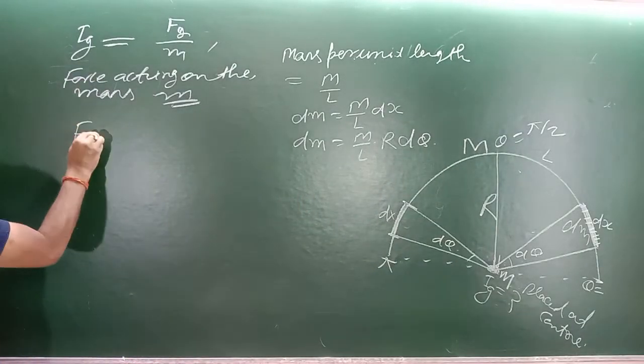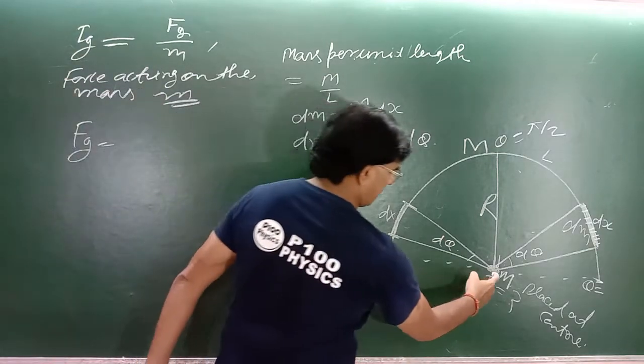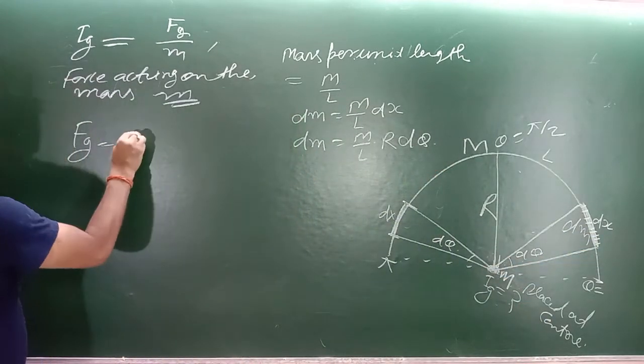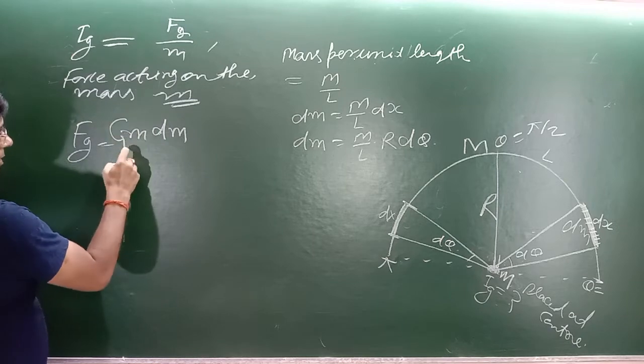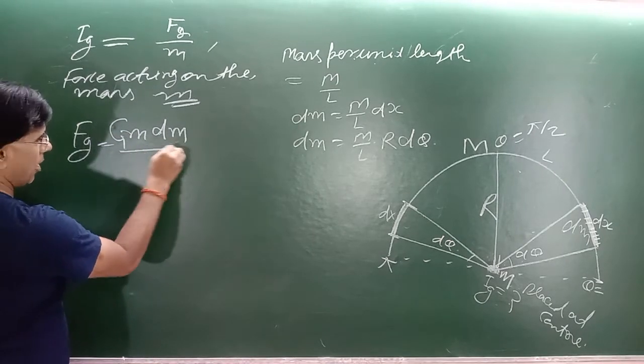Fg will be how much? Fg will be the force between this element and this mass: G m dm, that is, G m1 m2 upon r square.